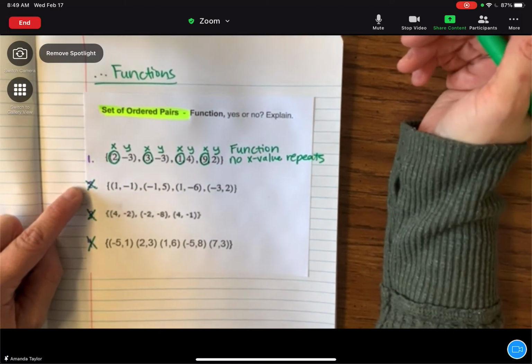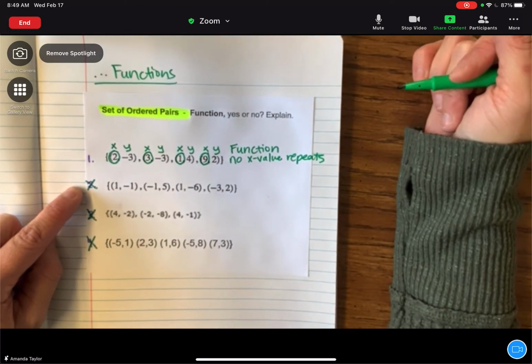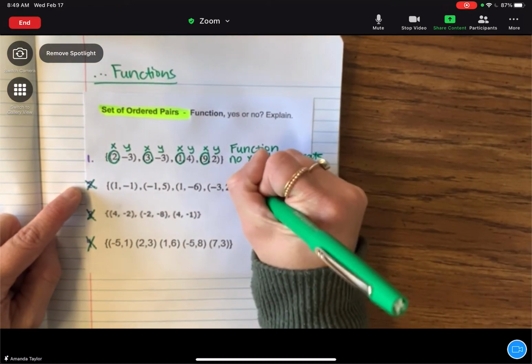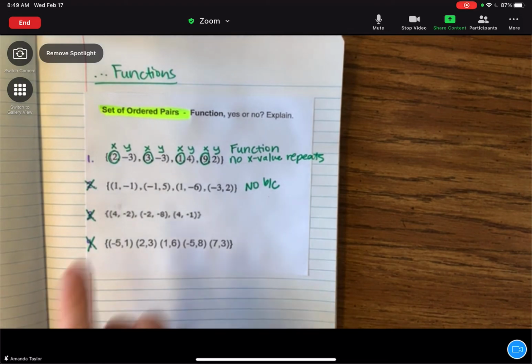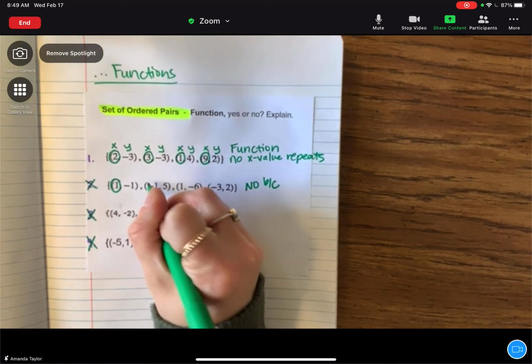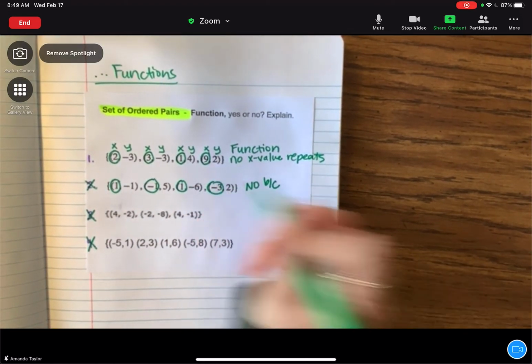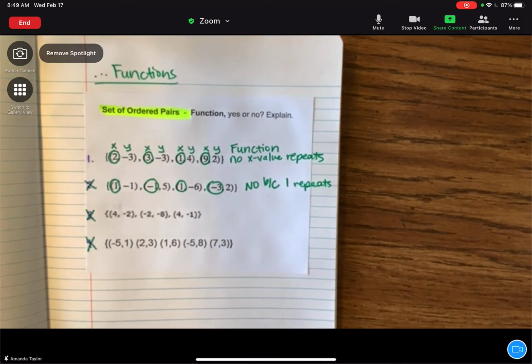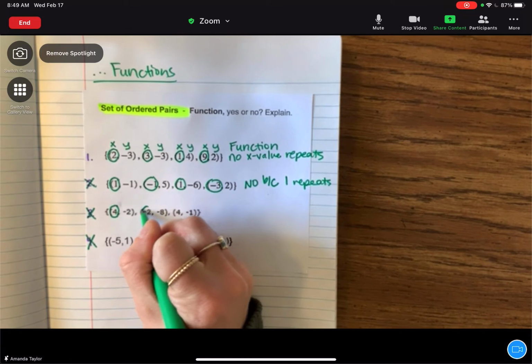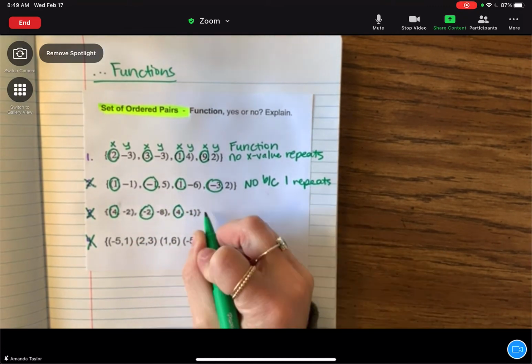Looking at number 2, if it's not a function, we would say no, because which X value repeats? Because 1 repeats. Okay. On number 3, which value repeats?